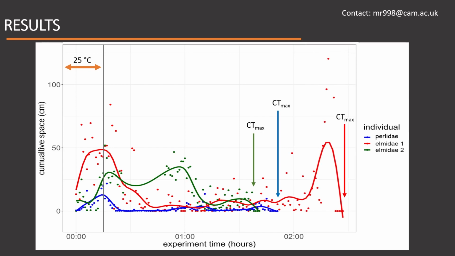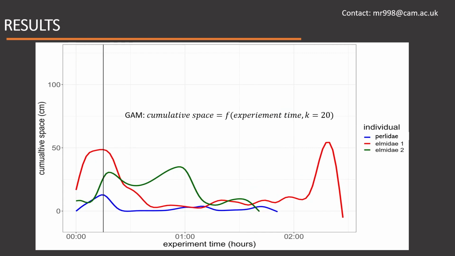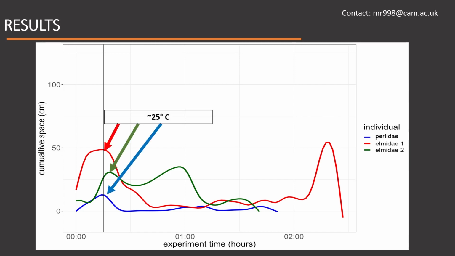So then what I did was, we have the trends here that are modeled with an additive model, where I modeled the cumulative space as a function of the experiment time. And I tried to identify, by analyzing the first derivative of those trends, where there were significant points of trend change. I'm not going to go into the details of those analyses, as I don't think it's relevant now.